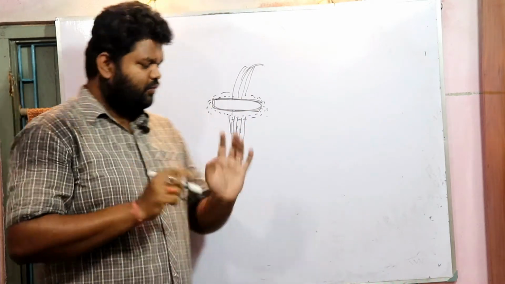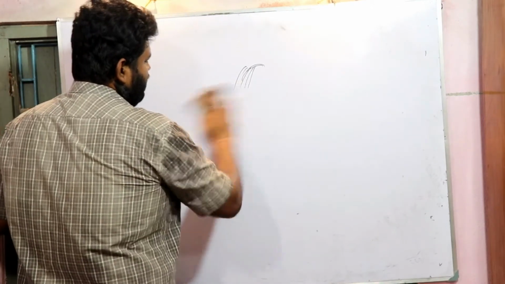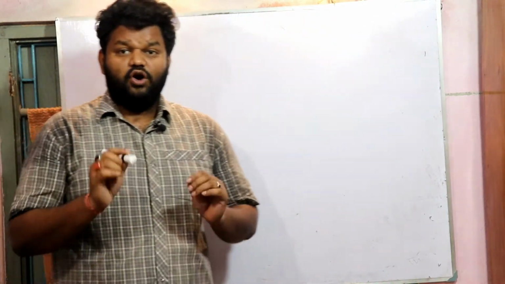Is it clear? So right now we have done 3 activities, and we clearly understood the main characteristics of matter. So we will move forward to the next part, that is types of matter.